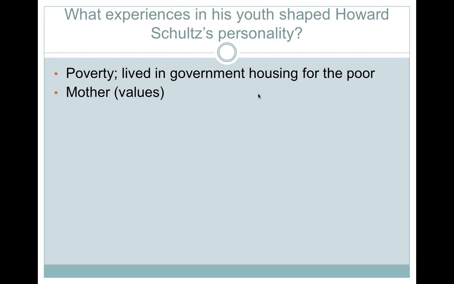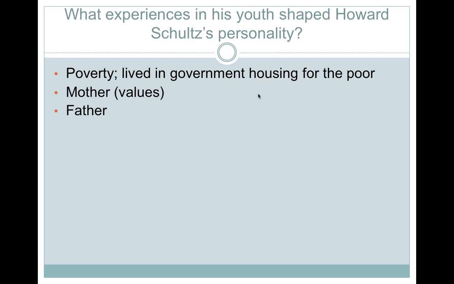They did not have much to live on other than his mother's values, which were to believe in America and believe that if you worked at it and got educated and so forth, you could be whatever you wanted to be. So that value of believing in yourself and believing in America was an important part of Howard's personality. So his mother was another important part.